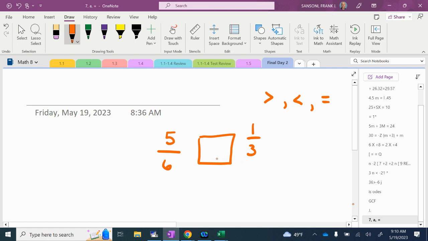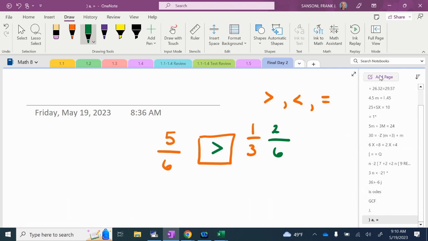What's the common denominator? 6. So 1/3 is the same thing as 2 over 6? So now it's easy to look at. 5/6 is greater than 2/6. Make sure you remember back from elementary school, the alligator always eats the bigger number, right? So, fraction light work right there.